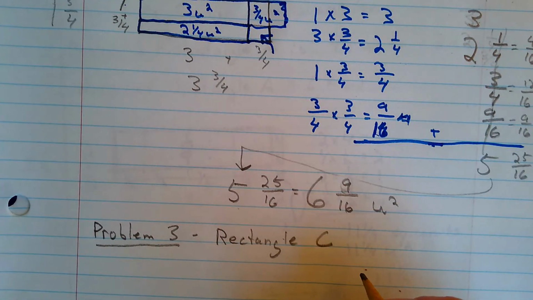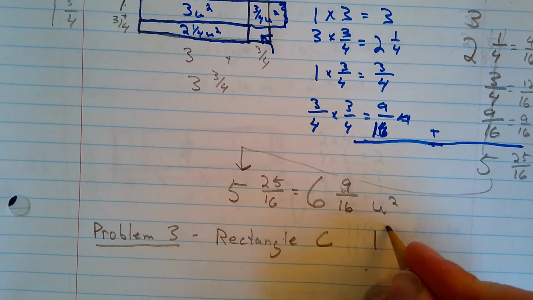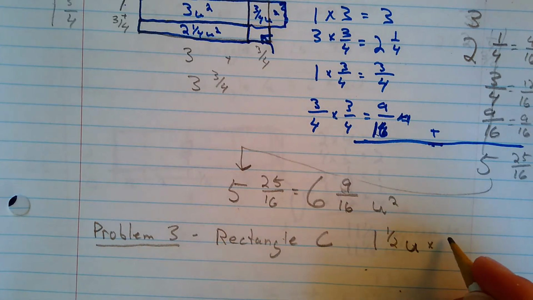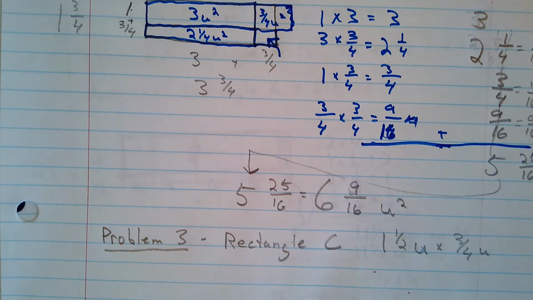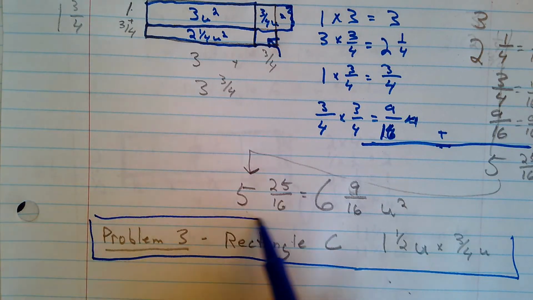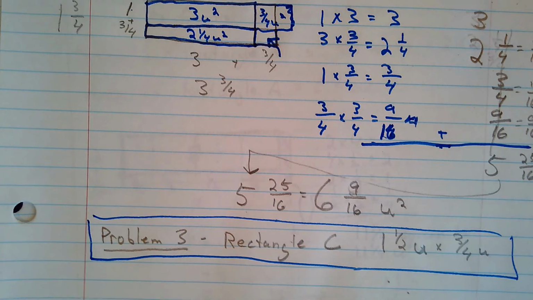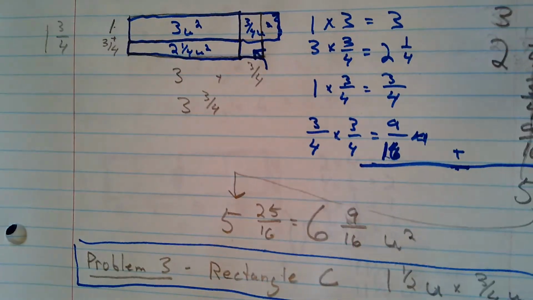Rectangle C is 1.5 by 3/4. 1.5 units by 3/4 units. And you'll see that in Schoology as well. So this is going to be sitting there in Schoology for you to work on. And you're going to need to use the screenshot and Google Draw features to give it a try.